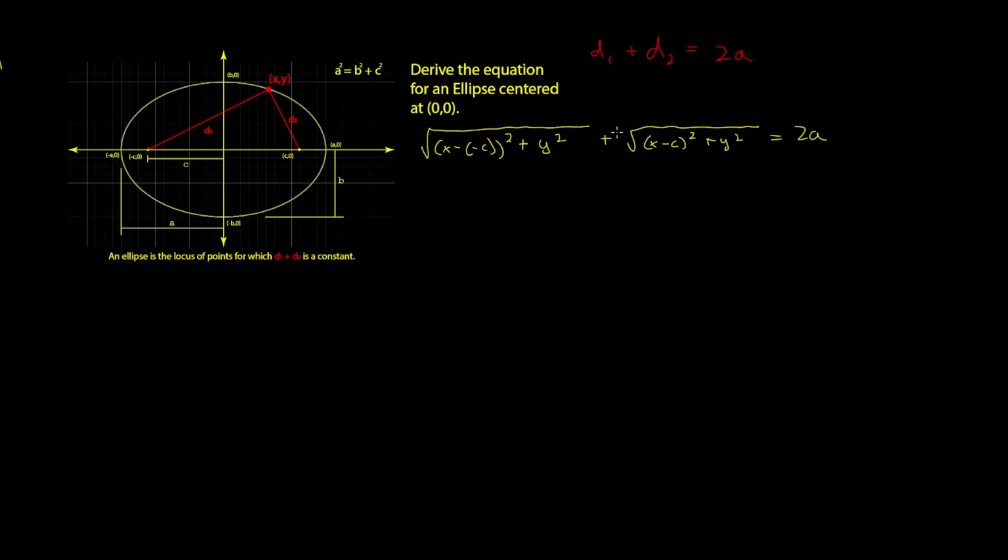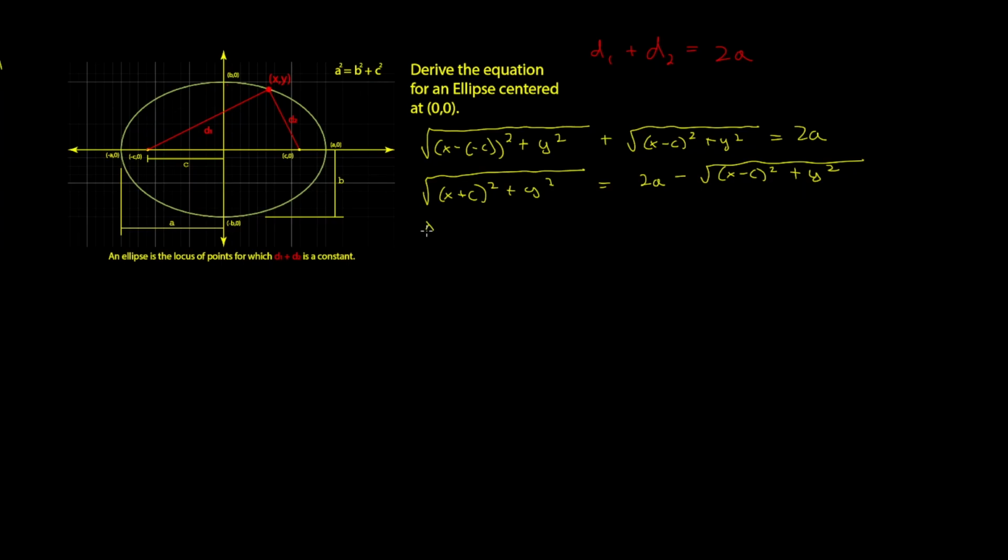Now think back to Algebra 2 and radical equations. That's why you learned this. So now square root of x plus c squared plus y squared equals 2a minus square root of x minus c squared plus y squared.